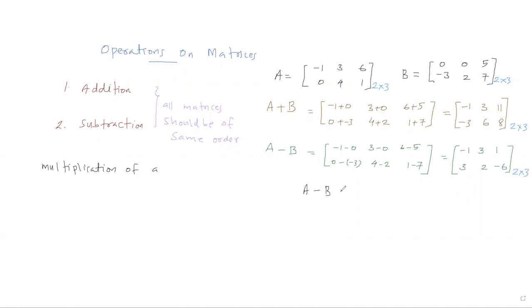A minus B is not equal to B minus A, because if you find B minus A here, you can see that B minus A, just subtract 0 minus -1, 1, 0 minus 3, -3, 5 minus 6, -1, -3 minus 0, -3, 2 minus 4, -2, 7 minus 1, 6. See, so they are not same. They are not equal because these two matrices A minus B and B minus A are not equal.